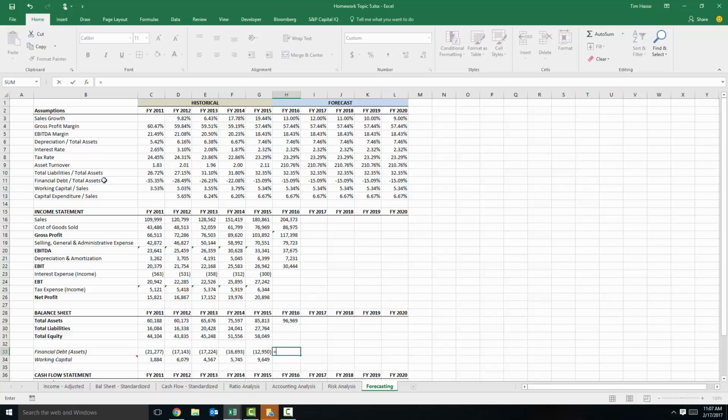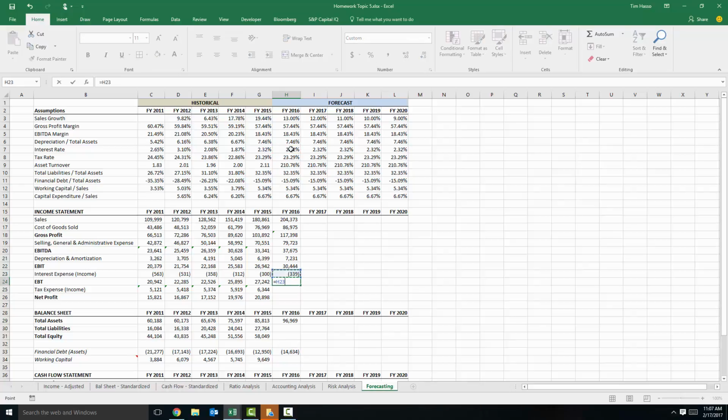So in this case, we're going to take total assets and multiply by the ratio of financial debt to total assets. Now we have that figure, and we can go on and forecast interest expense. So interest expense is equal to your financial debt multiplied by your interest rate. So H33 multiplied by H7.